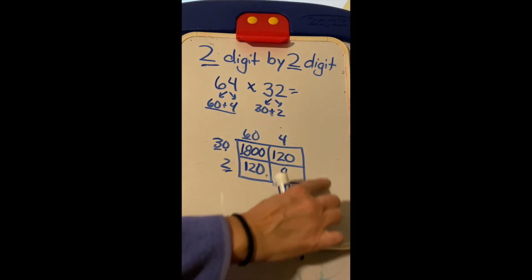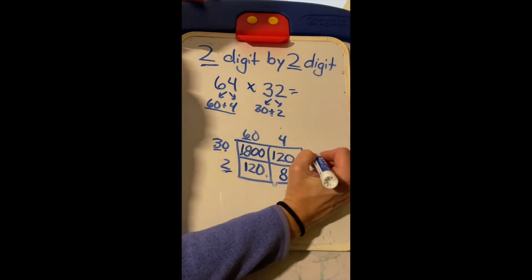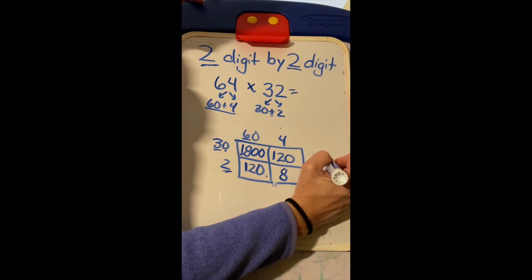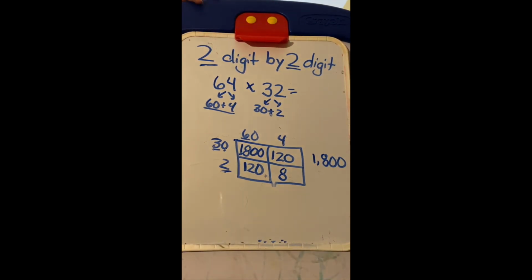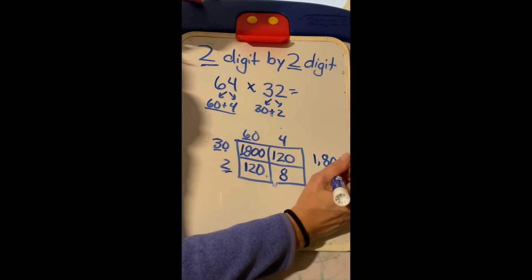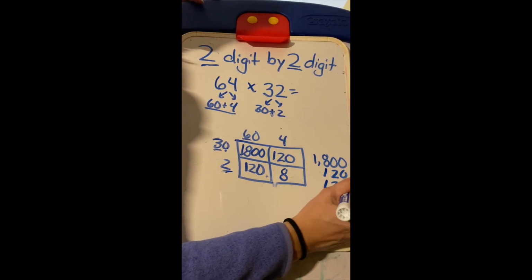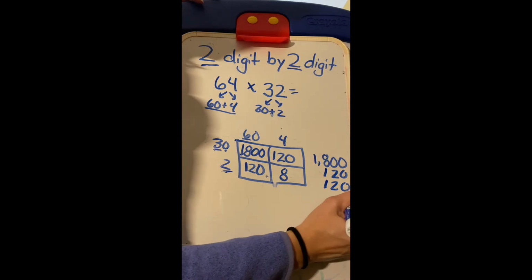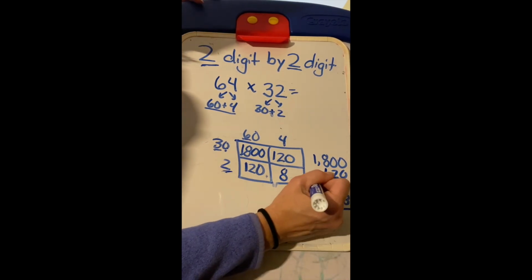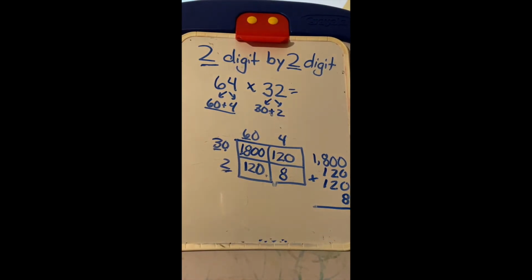I'm going to add them over here because I have more. So I start with 1,800. Okay, 120. I have 120 again. And then I have the number 8. These are my partial products that I'm adding together.